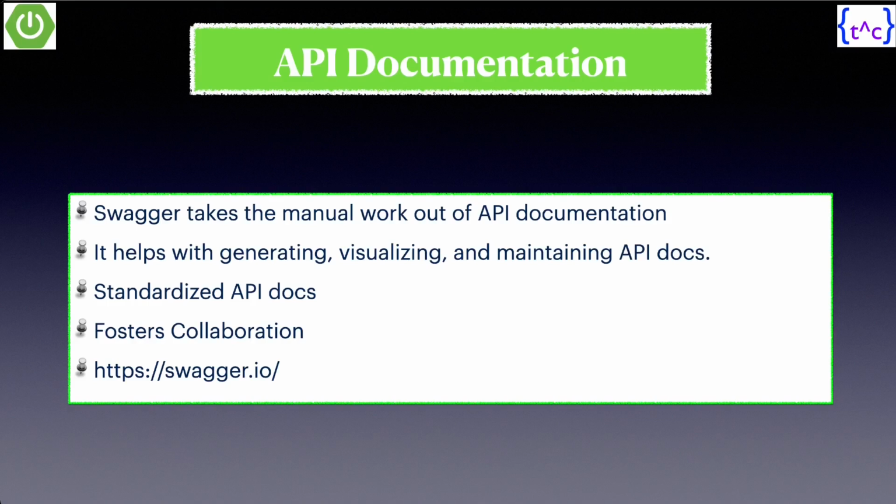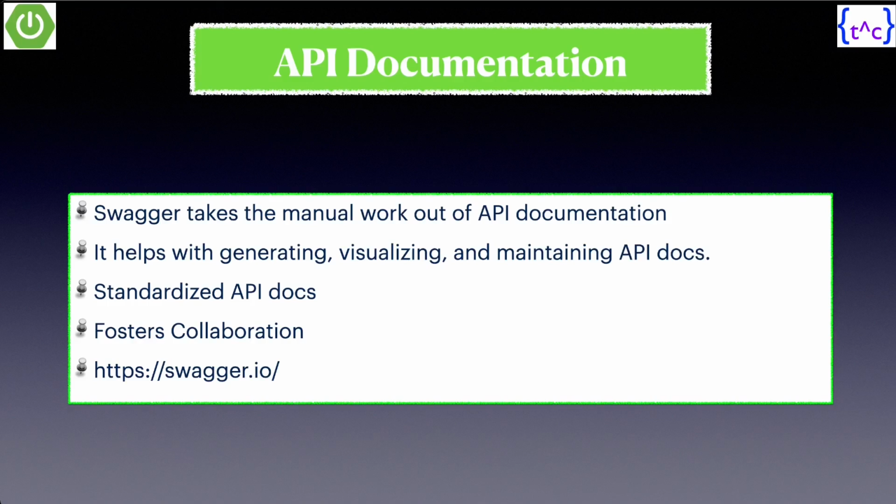When I talk about maintaining API docs, that means as a developer, we know development is an ongoing process. It's never like the code is done and will never ever be touched. Code continues to evolve. Let's say in the last release, some APIs were written according to which the documentation was generated. Now, in the next release, there are further additions to that API.